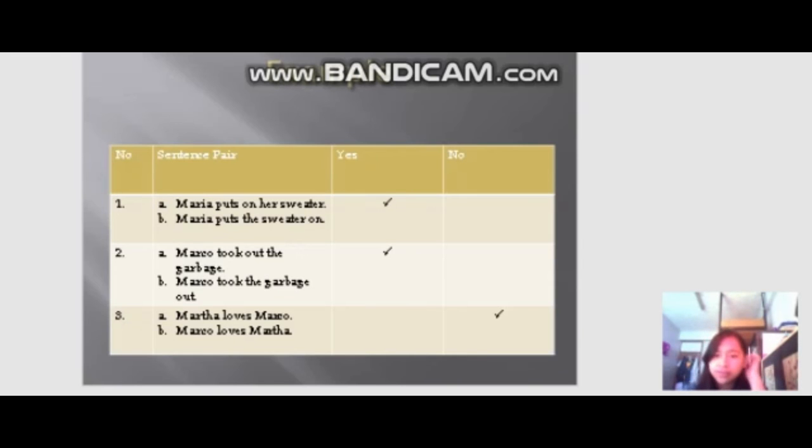Let's see the example. You can see on the slide there are three example sentence pairs. Number 1: A. Maria puts on her sweater. B. Maria puts the sweater on. Number 2: A. Marco took out the garbage. B. Marco took the garbage out.